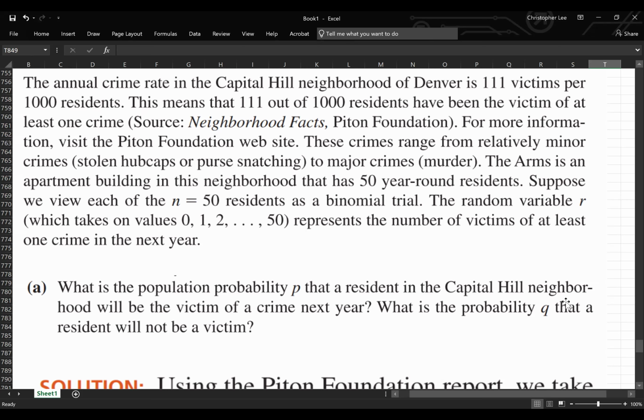0.111 is P, and Q is 1 minus P. So 1 minus 111 over 1,000.